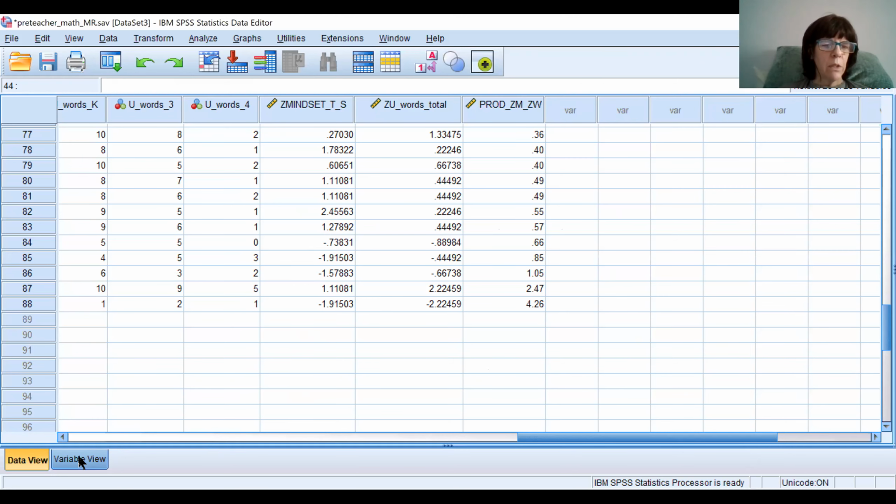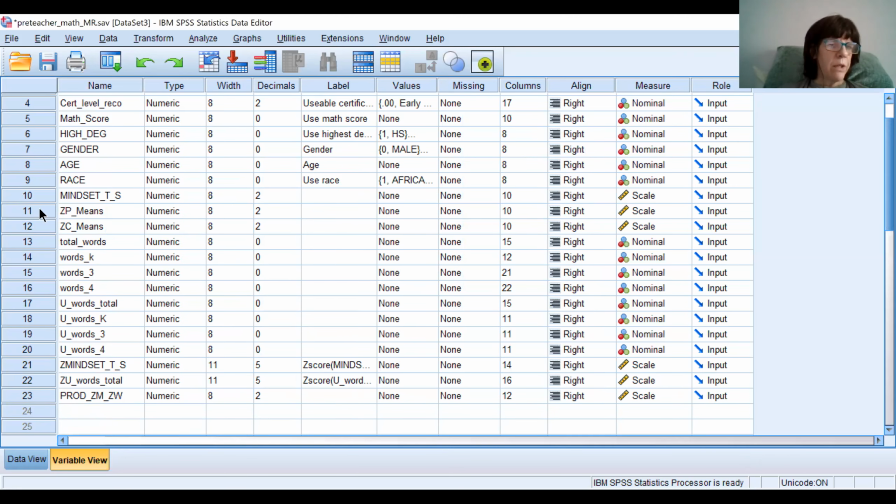And we are going to be using the general knowledge variable. Where is that? Math score. The procedural and conceptual analyses of student work as more specific knowledge. Their unique words and their mindset as predictors of their essentially behavior.